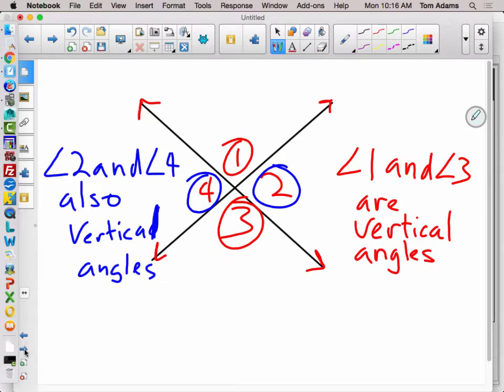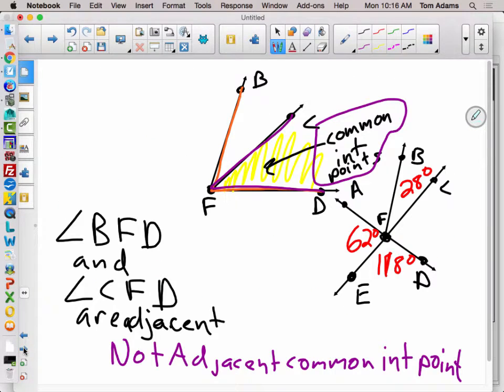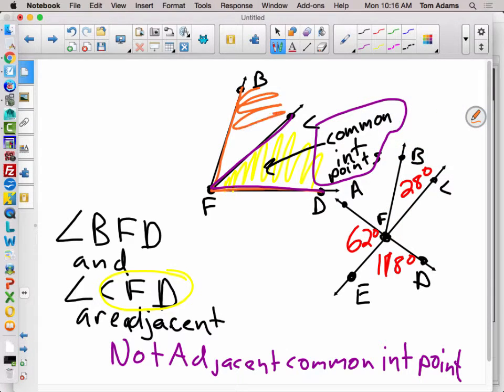However, if I go here, I've already colored in CFD in yellow. So this is CFD in yellow. And then if I go to color in BFD in orange, when I start to color that in, what's going to happen? I'm going to get an overlap.